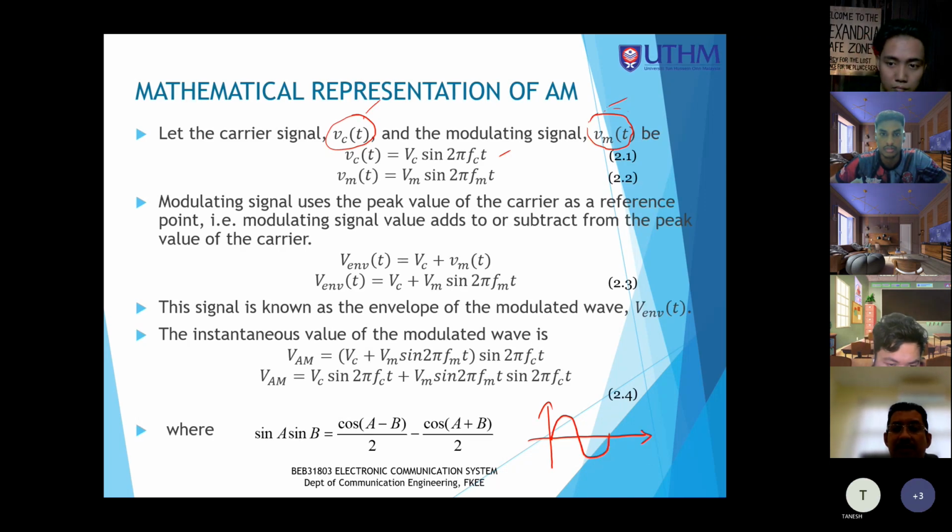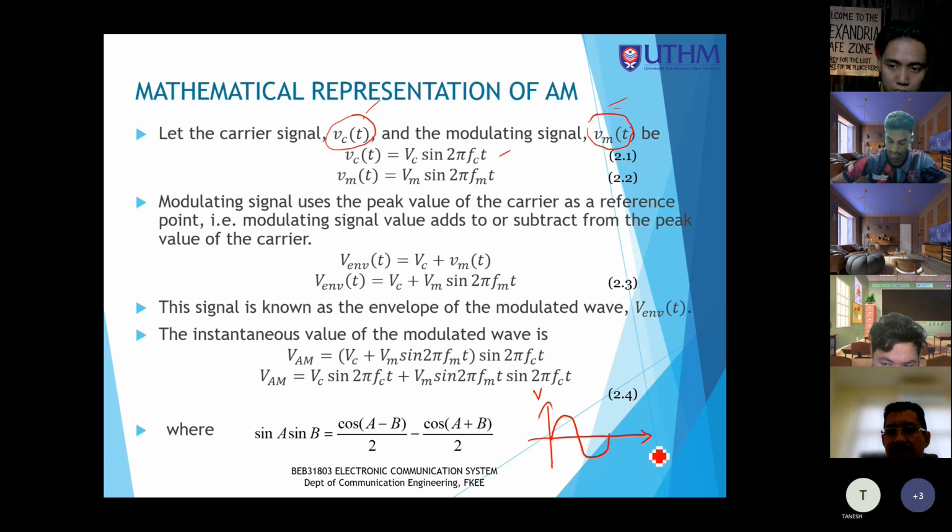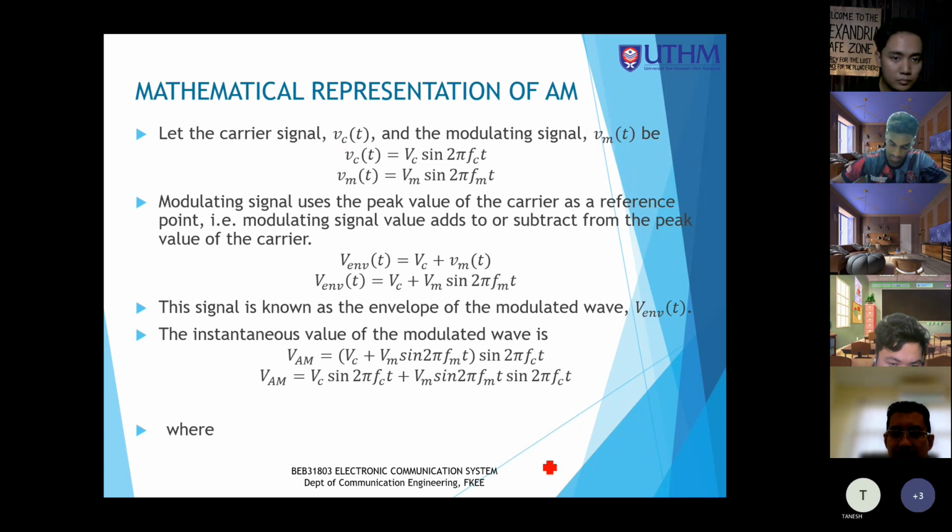For example, Vm(t), this is V versus time. Kalau dia adalah function Vm(t), maka dia punya peak amplitude adalah Vm, and di bawah sini adalah minus Vm.